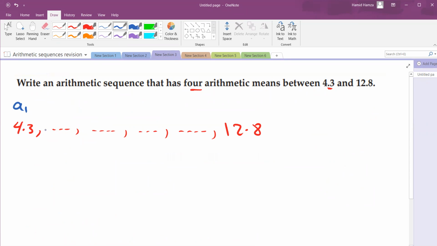Okay, guys, so this is A1, A2, A3, A4, A5, and this one will be A6.